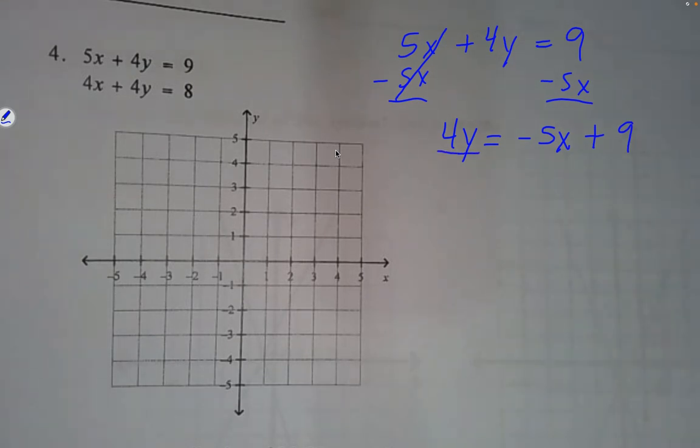So 4 divided by 4 divided by 4. So y equals, leave that as a fraction because that's just your slope. You'll use that one. Negative 5/4 x. And what's 9 divided by 4? 2.25?